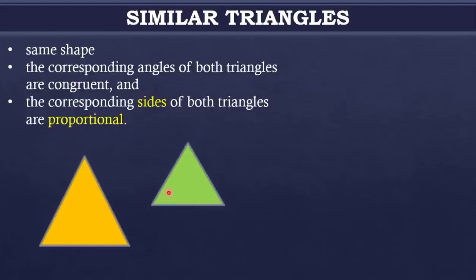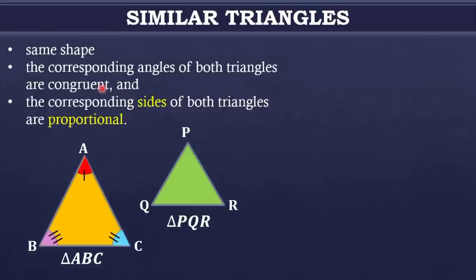Now, aside from that, the corresponding angles of both triangles are congruent. So, kapag ang triangle ABC at triangle PQR, ang angles nila ay congruent, then we can say that they are similar triangles.